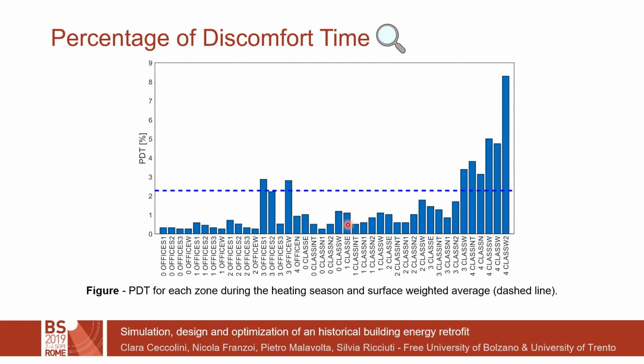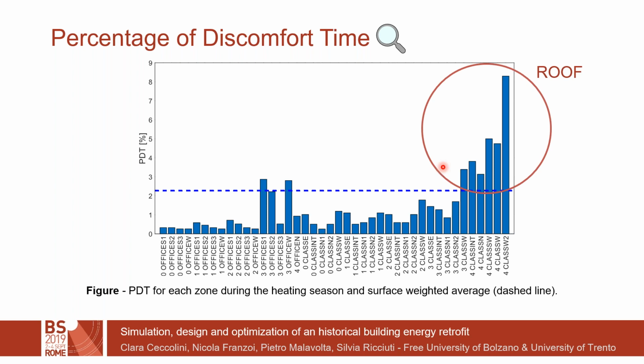The next figure shows the percentage of discomfort time for all the classes and offices of our building. We can appreciate that the building PDT, shown as the dotted line, is approximately 2%, thus lower than 5% as required.